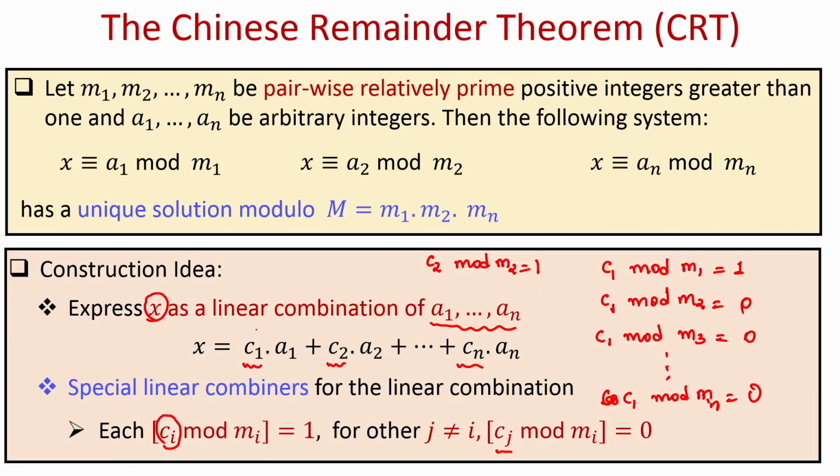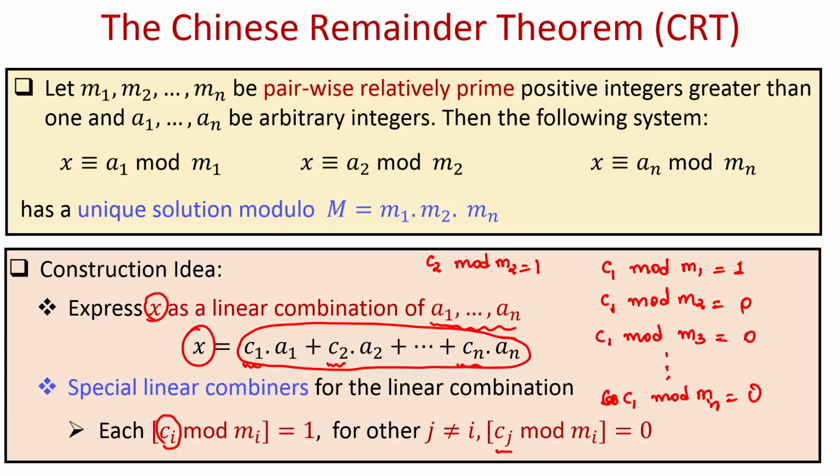How exactly we find them is a whole process, but imagine for the moment that it is possible to find these linear combiners, such that x is indeed equal to this. Once I have found C 1, C 2, C n, I will have this exact value.